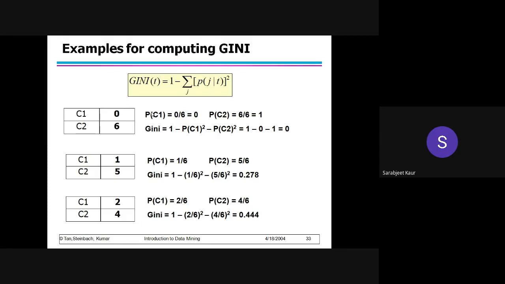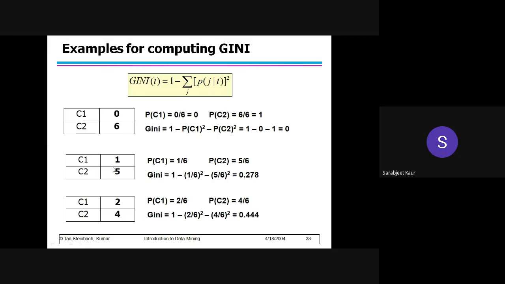So 0 is the minimum value of Gini, implying the most information, or the most pure node, hence implying a clear decision. So this is what you are expected to write if you are asked what is the implication of the minimum value of a Gini, right?